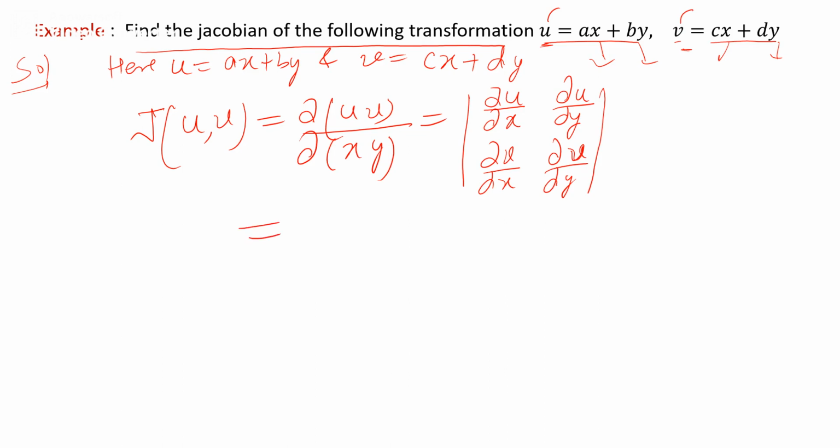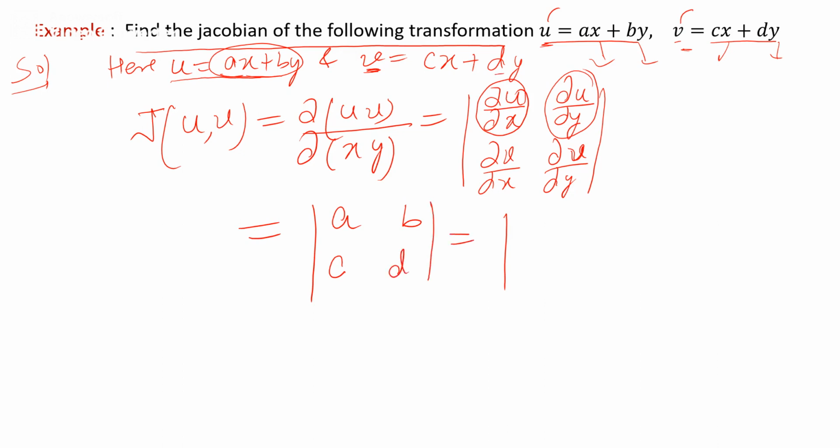So we take the partial derivative of u with respect to x. If you take the partial derivative of u treating y as a constant, we get a, and the partial derivative of u with respect to y gives b. When we take the partial derivative of v with respect to x, we get c, and with respect to y, we get d.